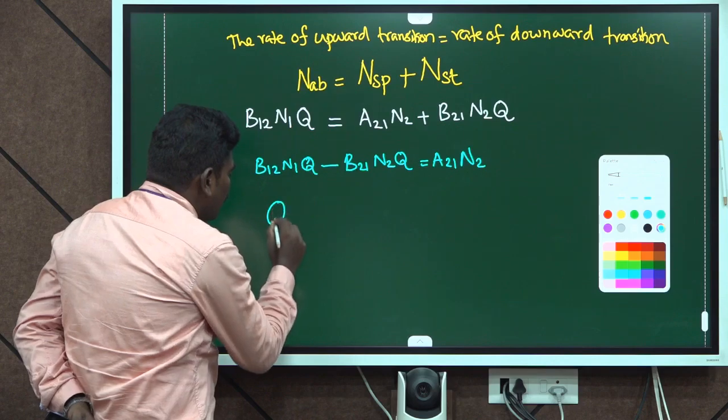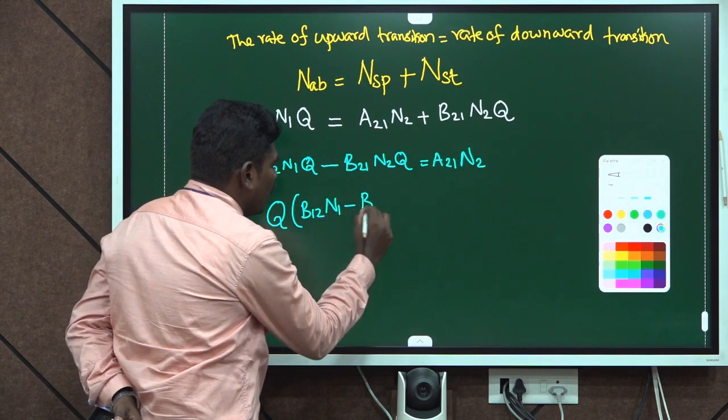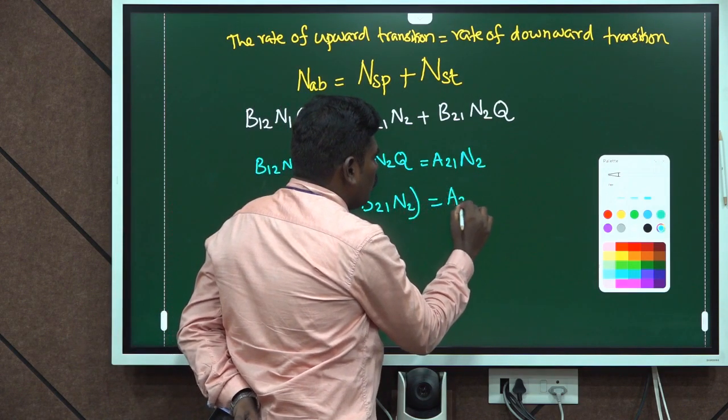So Q is a common term: B12 N1 minus B21 N2 equals A21 N2.